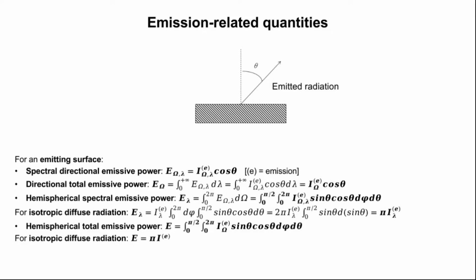Finally, by integrating over the whole spectrum and the whole hemisphere, we obtain the hemispherical total emissive power, which is the overall power emission of the surface. And again, if the radiation is isotropic and diffuse, the hemispherical total emissive power can be expressed as pi times the hemispherical total intensity of radiation.